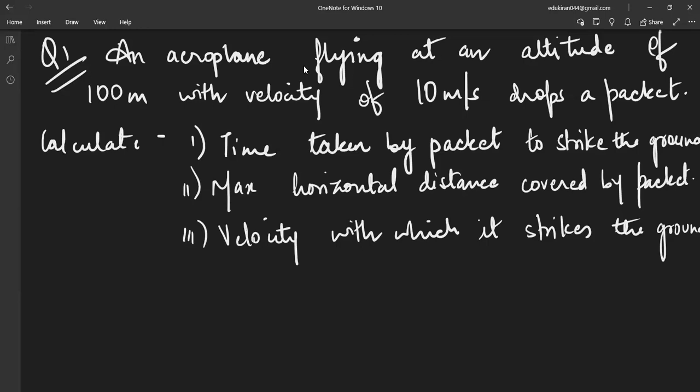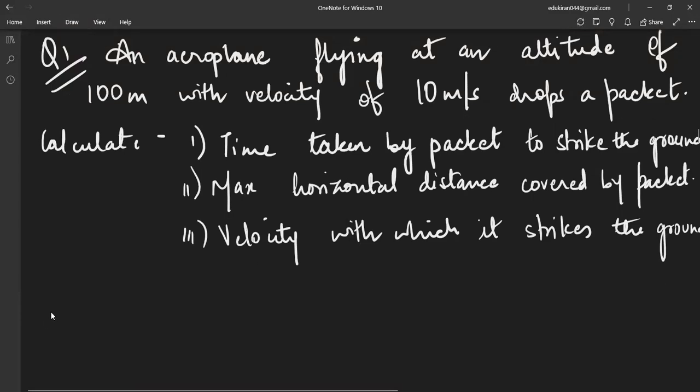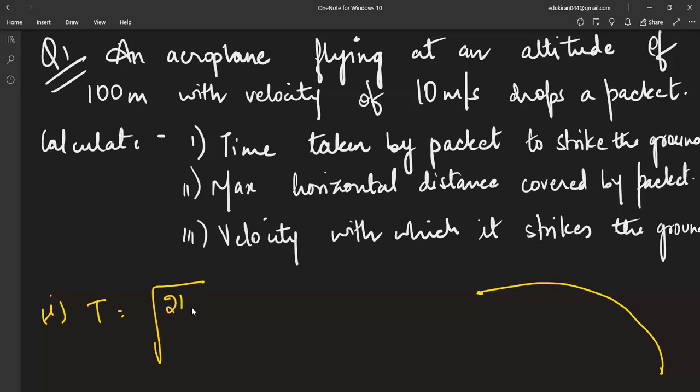So height is 100 meters, u, that is velocity, is 10 meters per second. If the aeroplane is moving and a packet is dropped, this is a horizontal projection case because no angle is being made. Now the answer to the first part, time taken by the packet to reach from the aeroplane to the ground. This is time of flight, that is under root 2h by g.